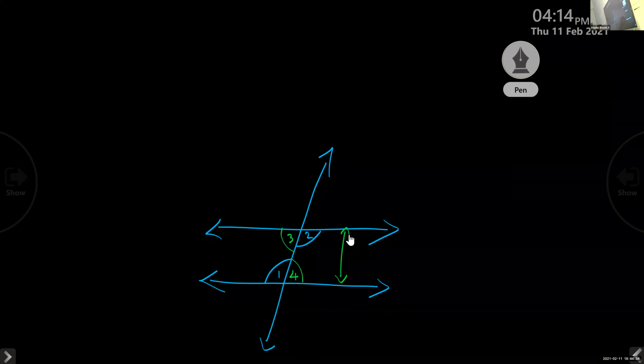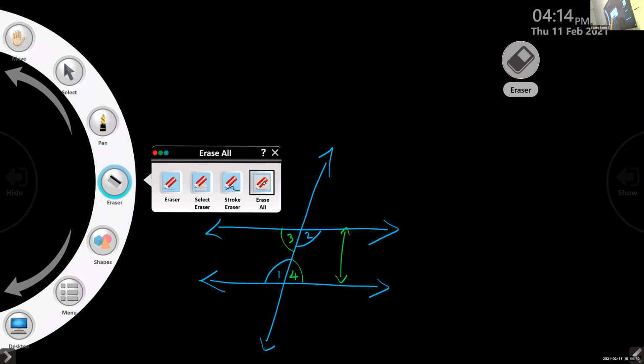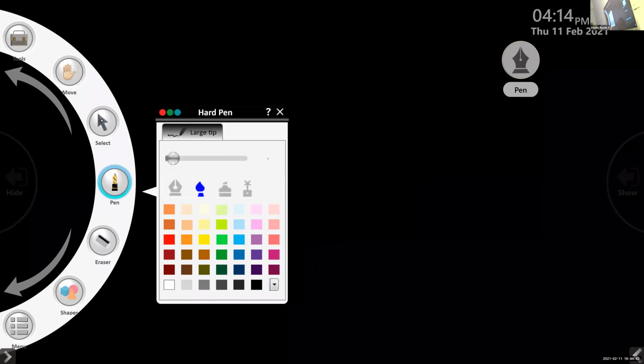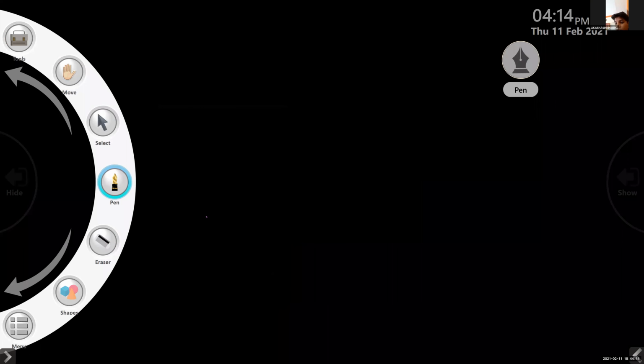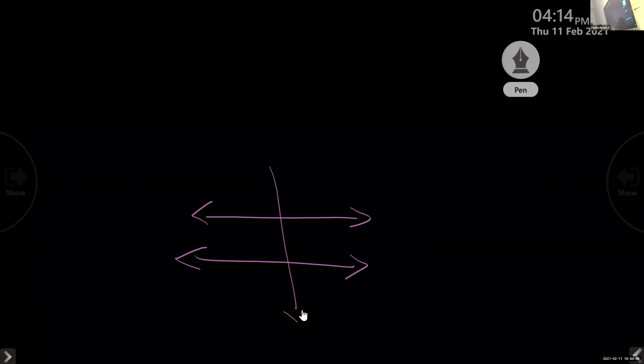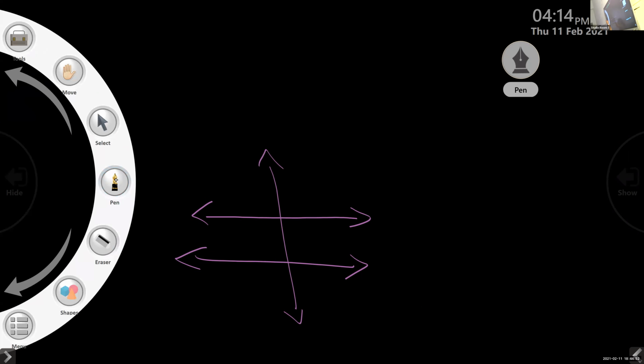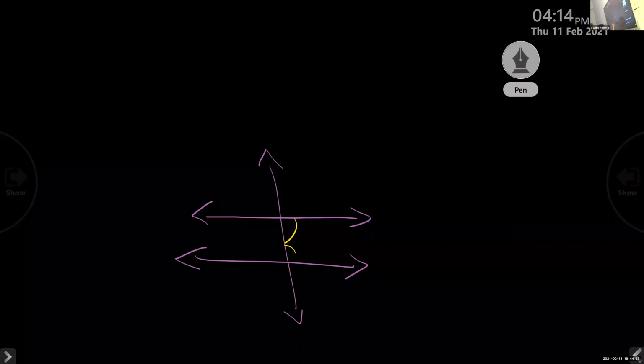Then one more pair of angles is there. What is that called? Co-interior angles. Co-interior angles are interior angles on the same side of the transversal.